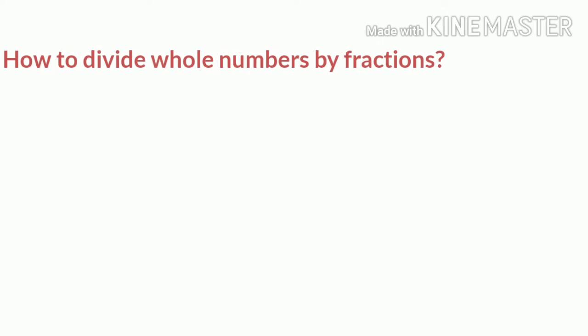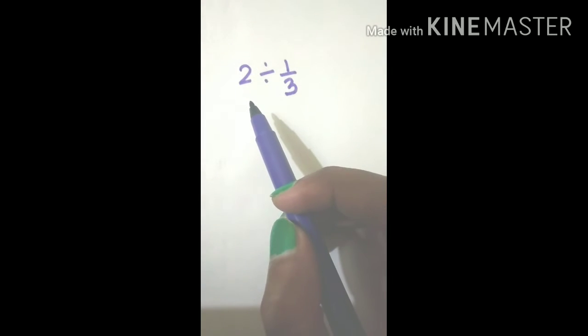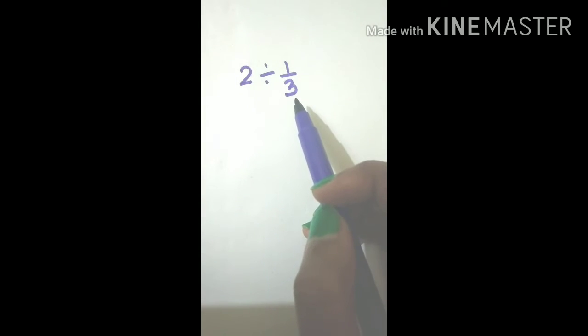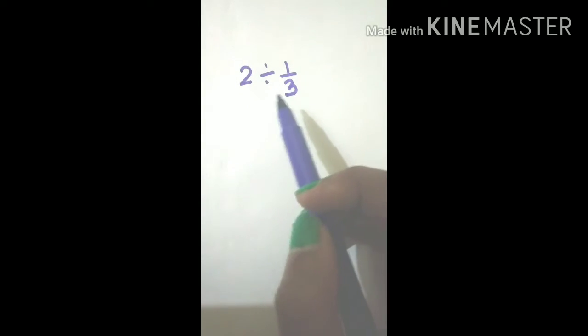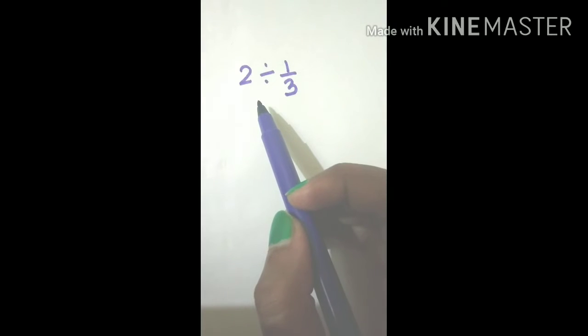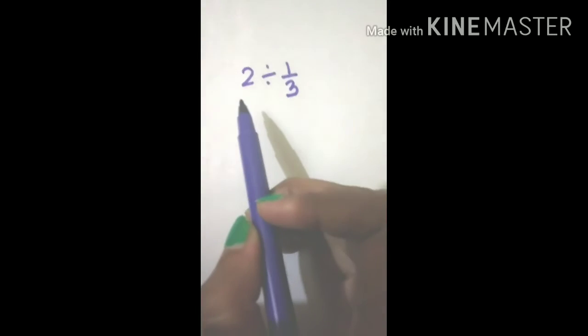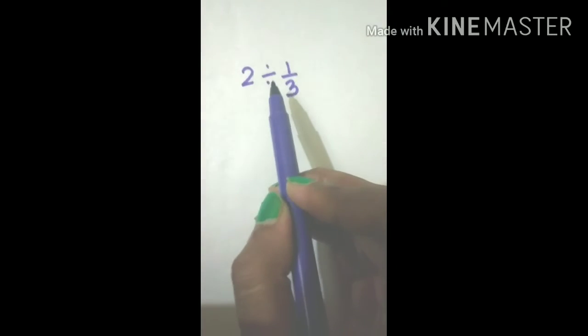Now we will learn how to divide whole numbers by fractions. Now students, look at this question. Here 2 is a whole number and 1 by 3 is a fraction. So that means in this question, we are going to divide a whole number by a fraction. So students, even in this case, we are going to change this divide into multiply.